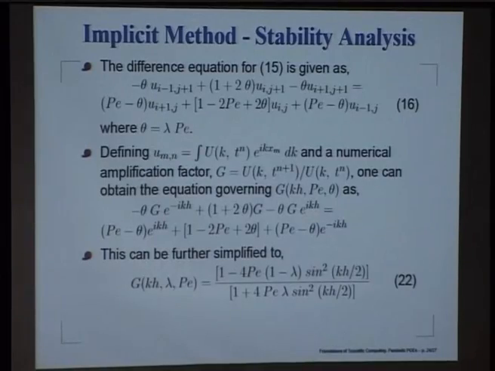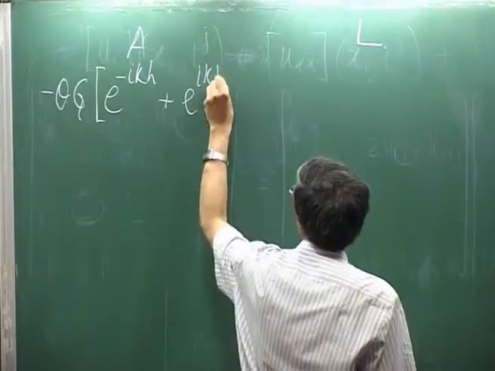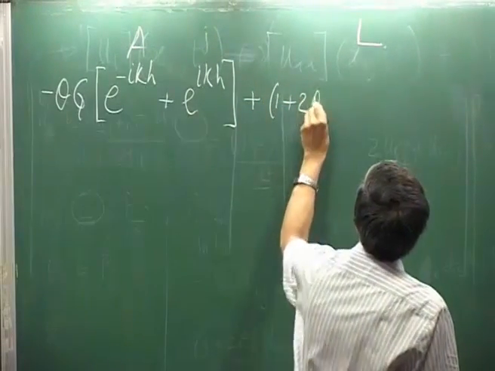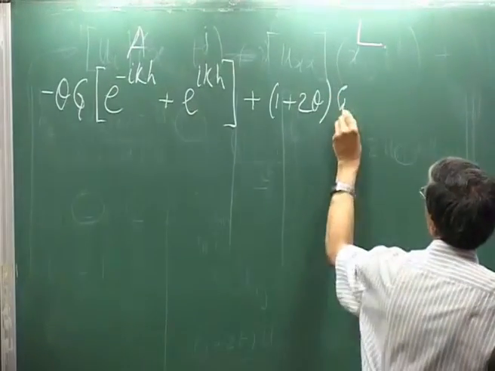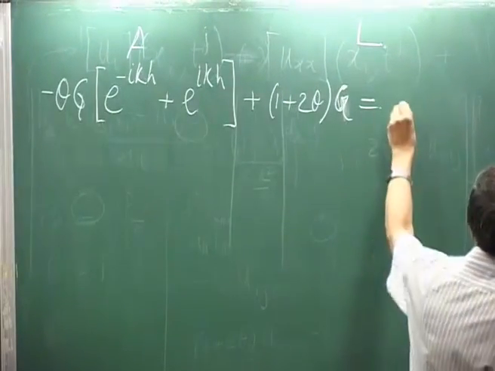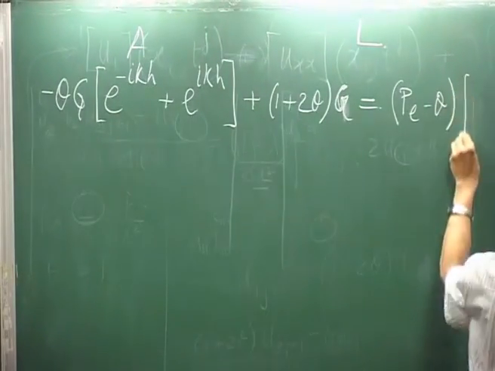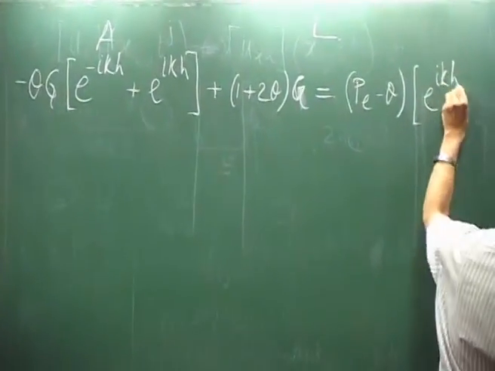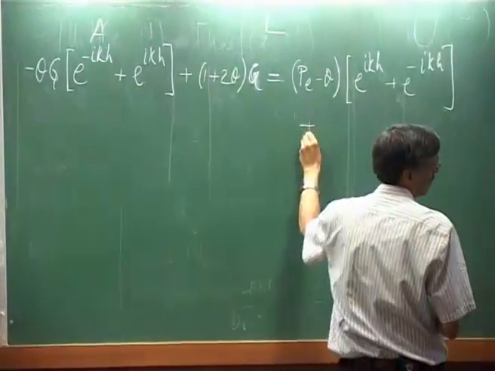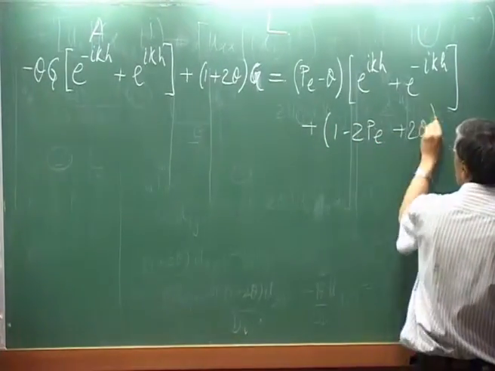So, I have e to the power minus I k h plus e to the power plus I k h, and then I have the quantity 1 plus 2 theta into G, that is on the left hand side, and on the right hand side we could take Pe minus theta, and that will give us e to the power I k h plus e to the power minus I k h, and the other quantity is 1 minus 2 Pe plus 2 theta, right.